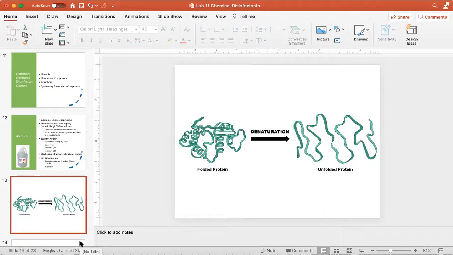On this slide, you're looking at an image that depicts this process that we call denaturation. On the left-hand side, you're looking at a drawing of a protein in its molecular shape. You can see it's basically a green string, right? And that string is all twisted and turning. It has these helix loops in it.